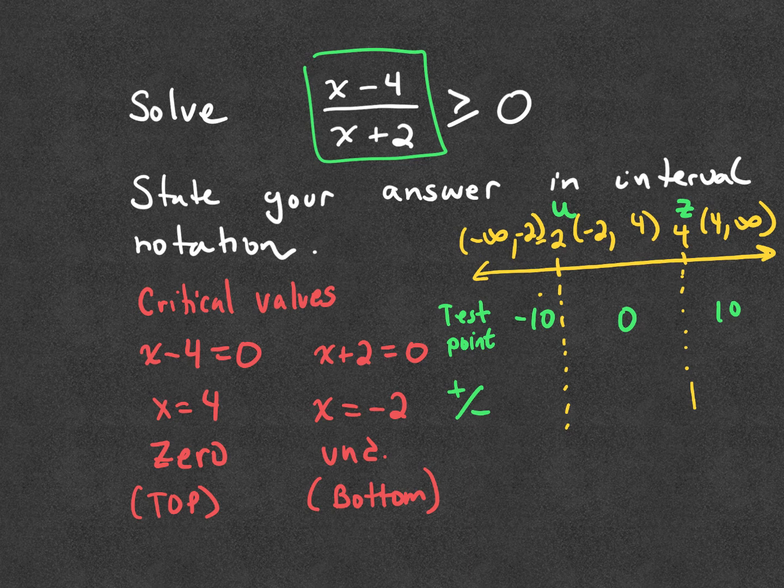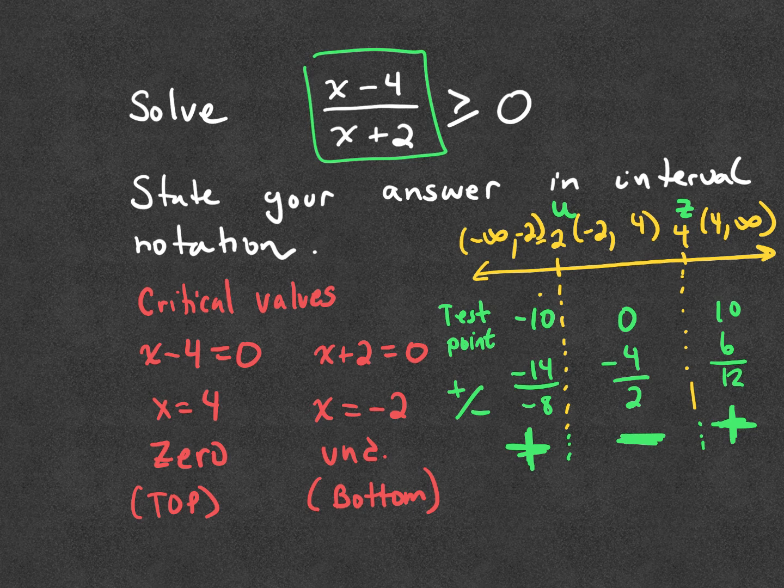So -10 minus 4 is -14, divided by -10 plus 8, which is -8. That's a negative divided by a negative, so that region is positive. If I put in 0, I get -4 over +2. That is negative. And if I put in 10, I get 6 over 12, which is positive. Again, I don't really care what the number is. I just care if it's negative or positive.